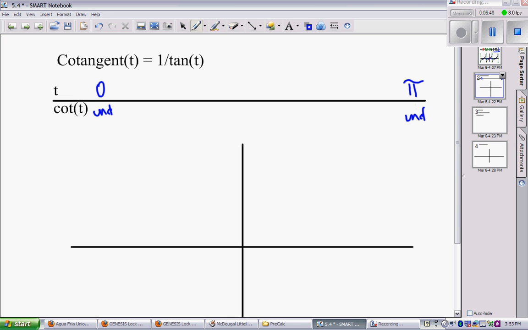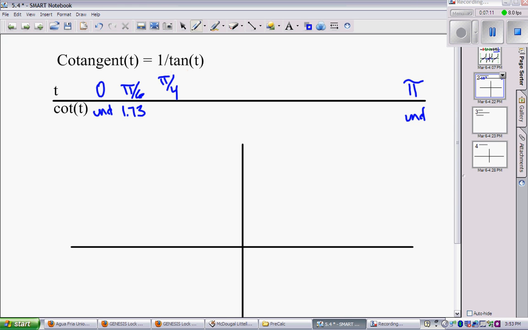It's undefined. So let's go pi over 6. Gives you 1.73.